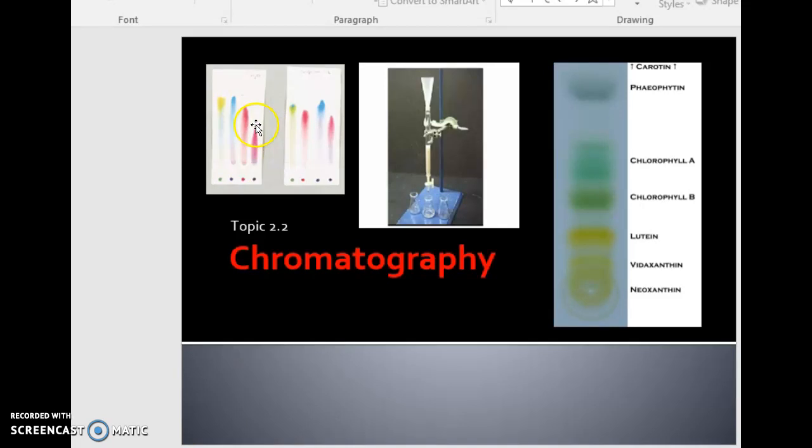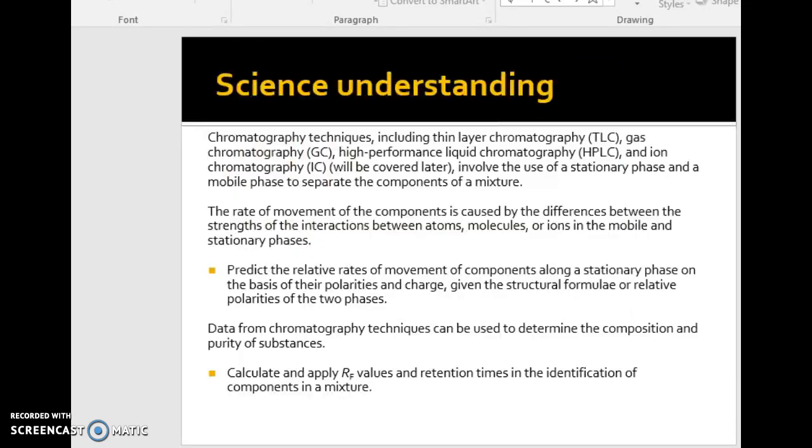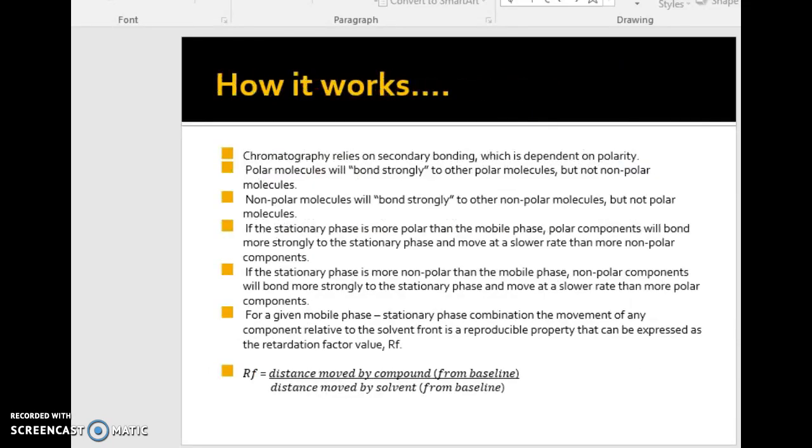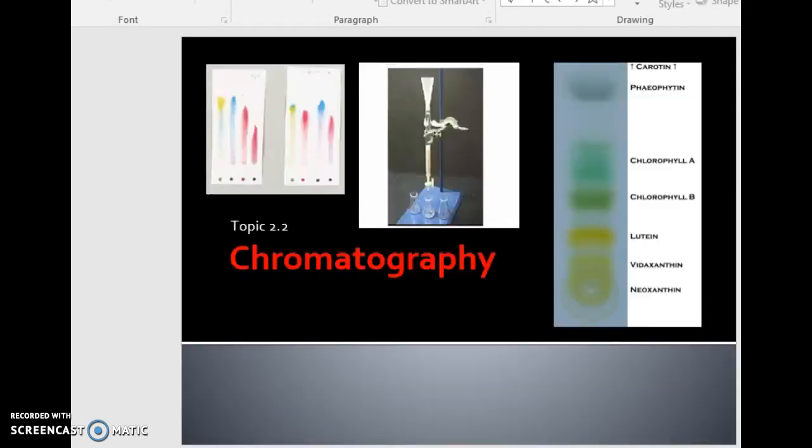You've got that point there, divided by the distance moved by the solvent. In this case, the solvent line is wherever your water or your solvent ended up. So from there back to that baseline, that's the length of your solvent, from the starting dot to wherever it ended.